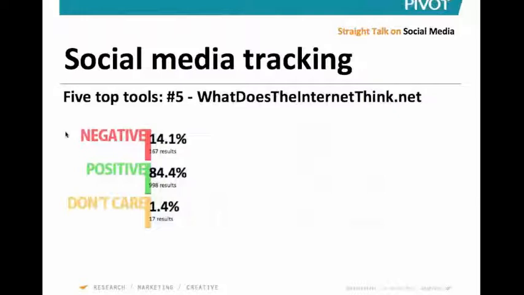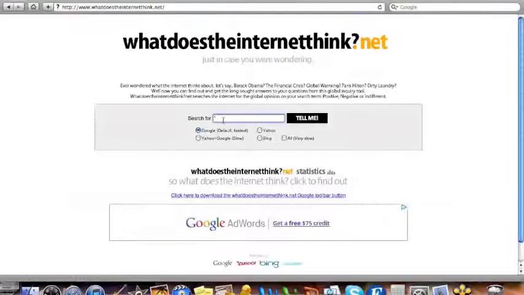But it starts to give you sort of an overall picture of what people are saying about you and how they're rating you. Is it negative, positive, or is it neutral? Do they not care? The slide that I'm showing here is from one of our clients who overall has a very positive rating. But again, let's go to WhatDoesTheInternetThink.net and see how Amazon.com is doing.